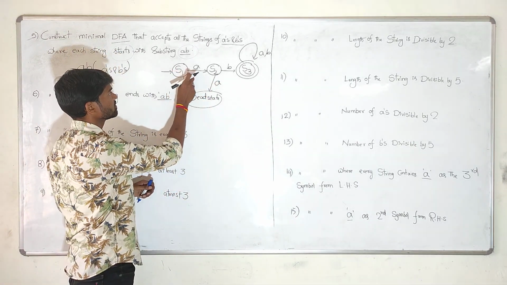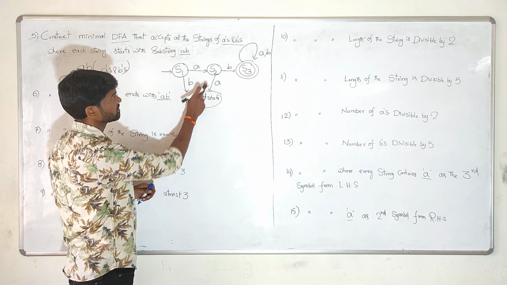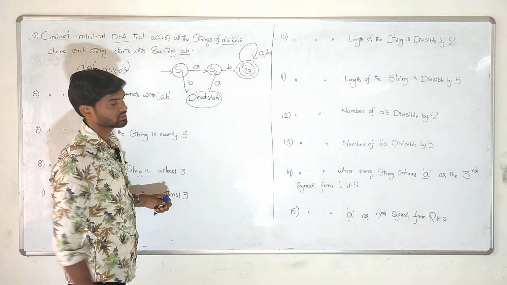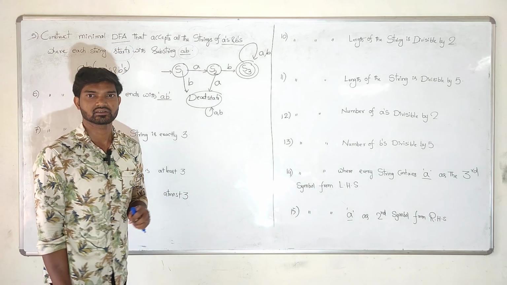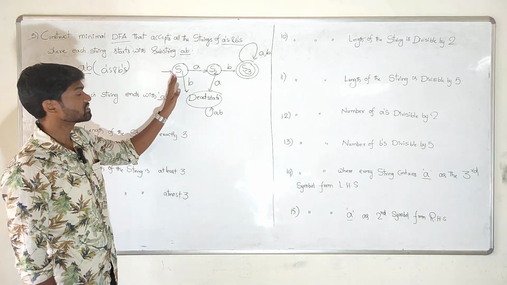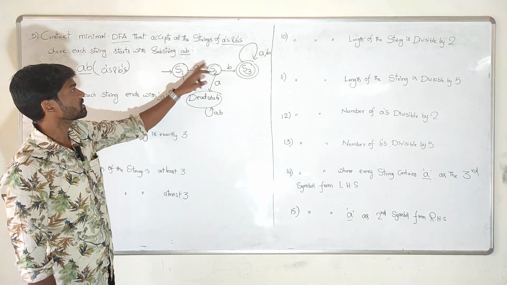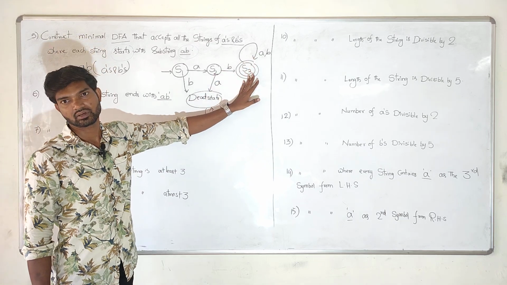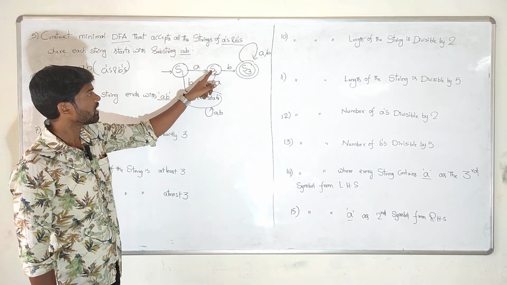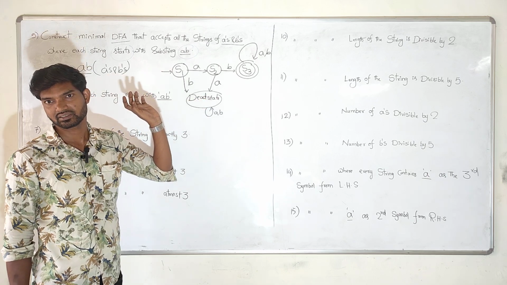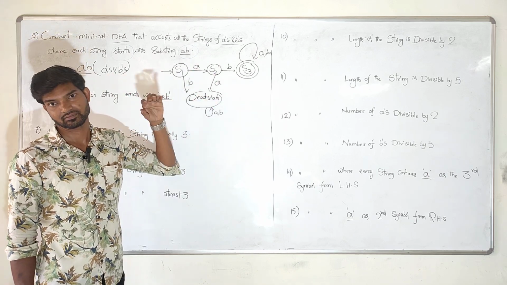So on S1, if a single B comes, it's a dead state. On S2, if a single A comes, that is a dead state. On dead states, any number of A's and B's come, that's also a dead state. So like this, after AB, any number of A's and B's come, okay for us. But on the initial state, if B comes, dead state. On S2, if a single A comes, that's a dead state. Like this, you will get 4 states here.